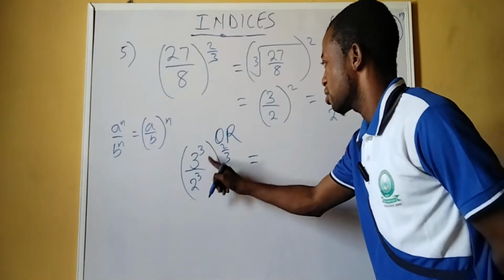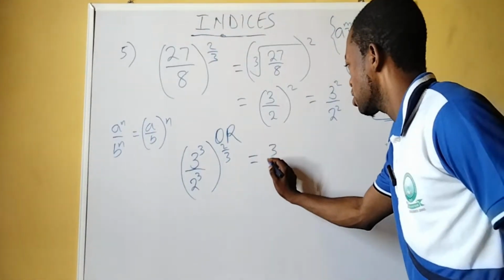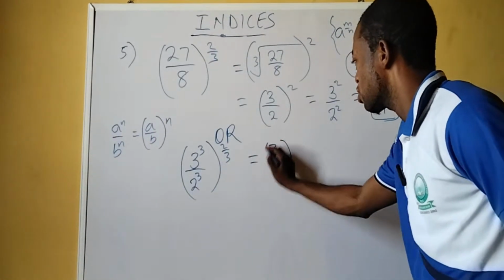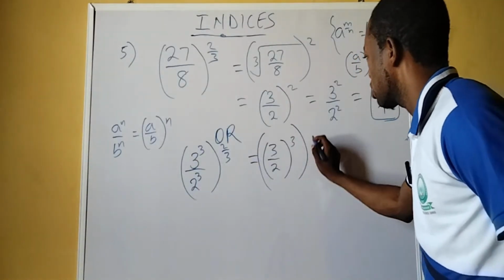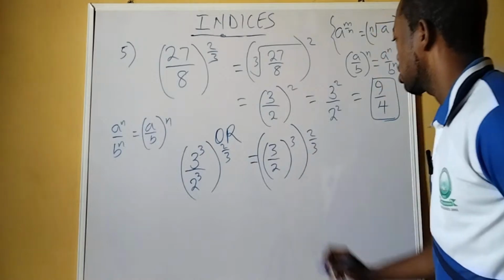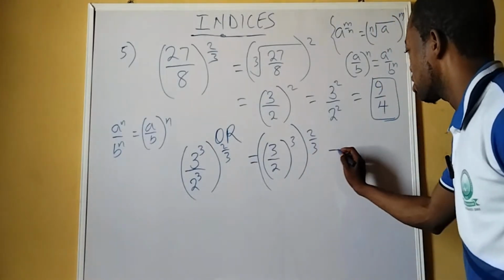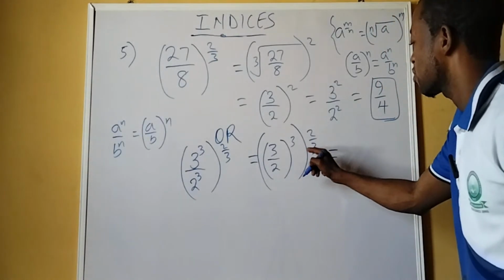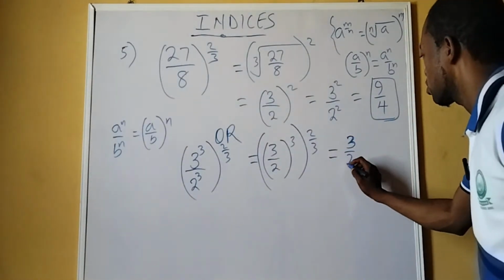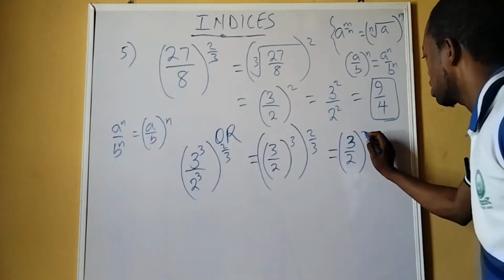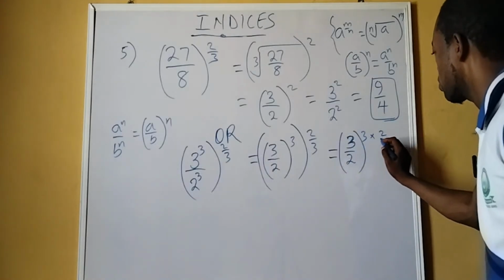That is, here we can say this is 3 over 2, all raised to power 3, now raised to power 2 over 3. And don't forget here that this power also multiplies, by the law of indices. And we have 3 over 2 raised to power 3 times 2 over 3.